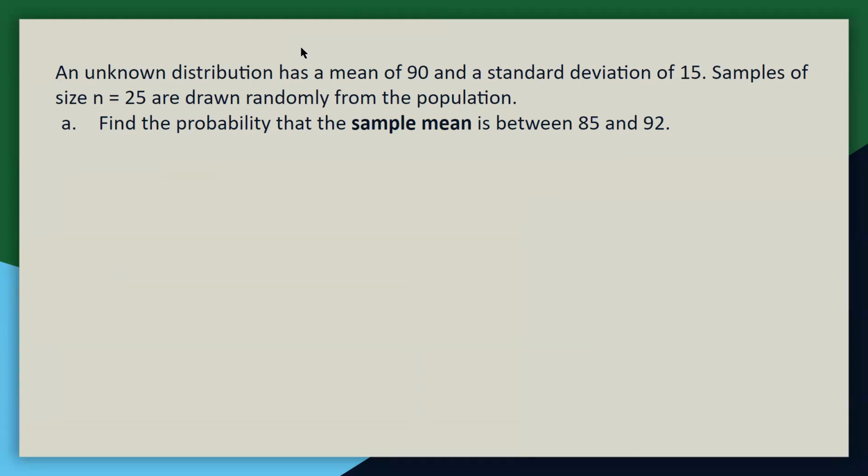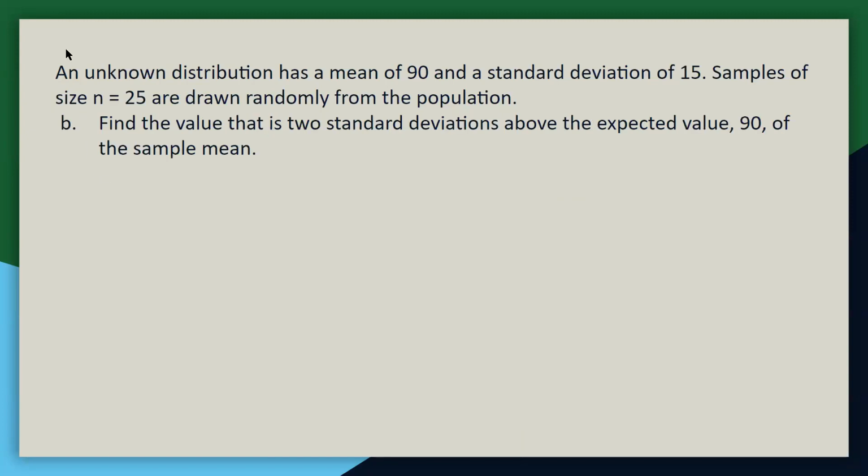Okay, so let's go ahead. I'm going to redraw some of that information that we had. For part B, we want to find the value that's 2 standard deviations above the expected value 90 for the sample mean. So let's write what we know about our sampling distribution down.